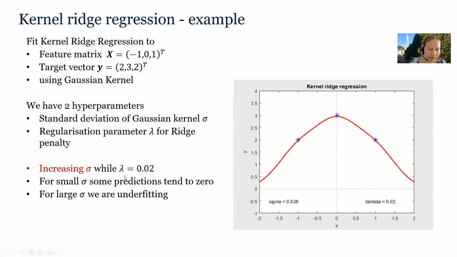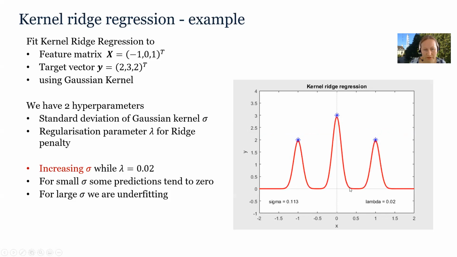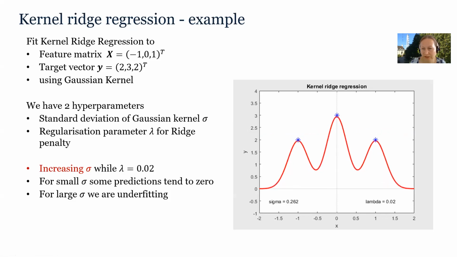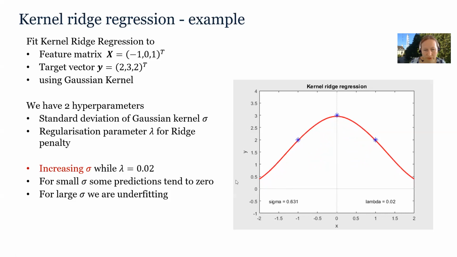And if we keep lambda fixed and keep increasing sigma, we see what happens to the curve. So for a small sigma, so small kernel, some predictions tend to 0, which is not a very good fit. And if sigma is large, then we are underfitting the model.